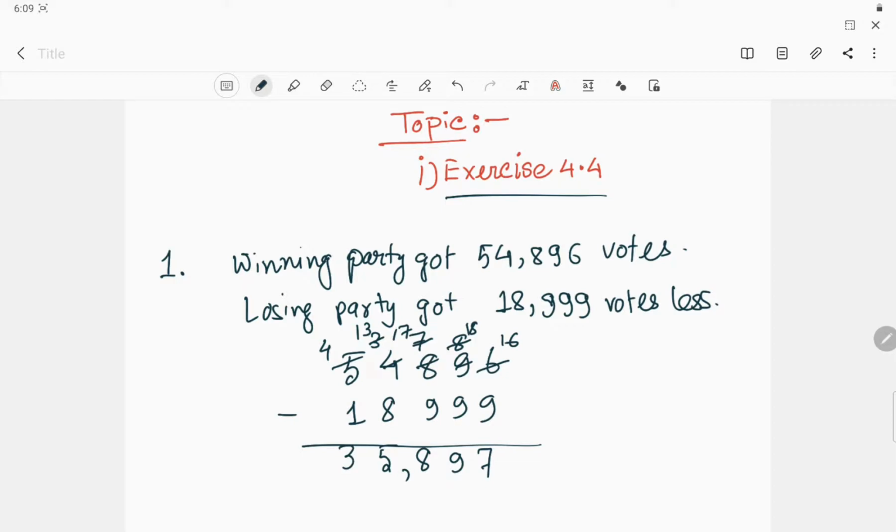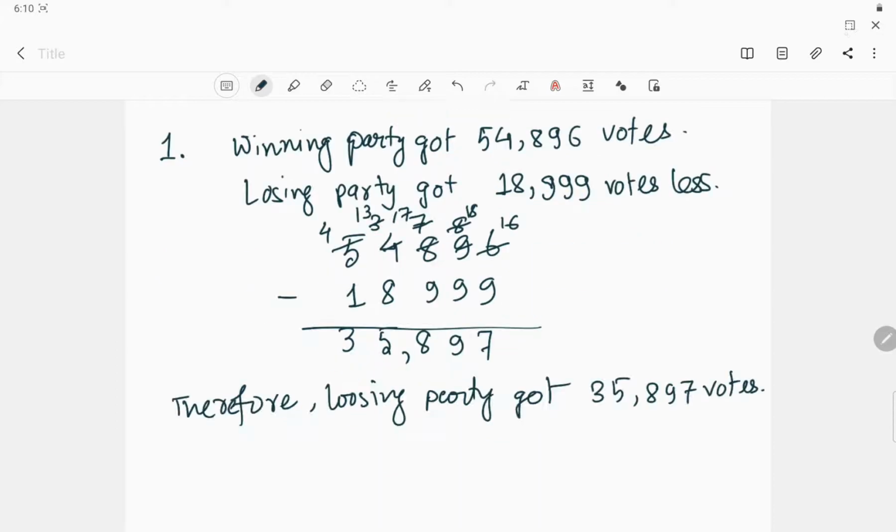So the answer will be 35,897. Therefore the losing party got 35,897 votes.